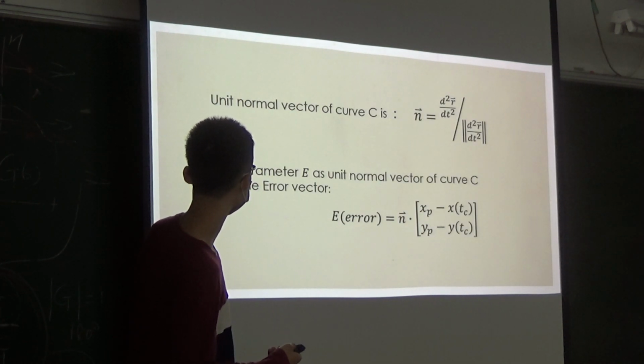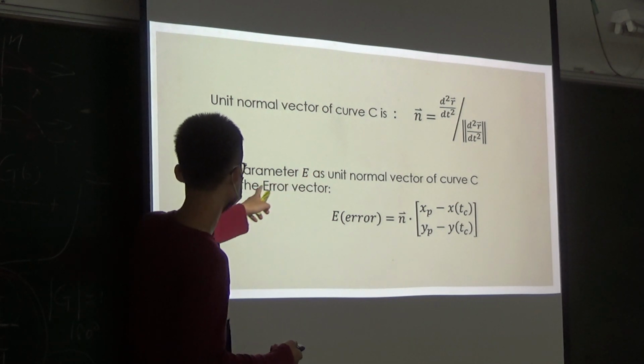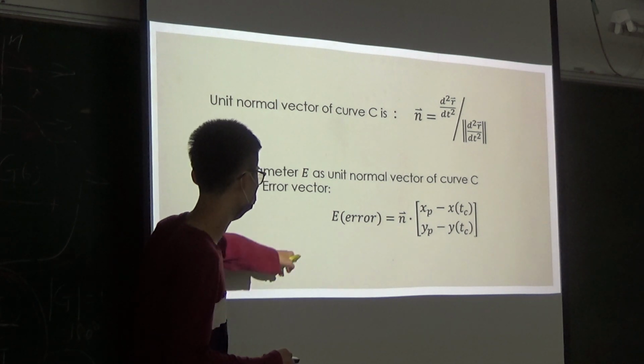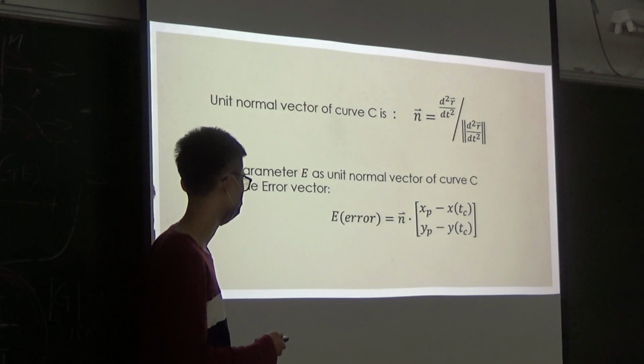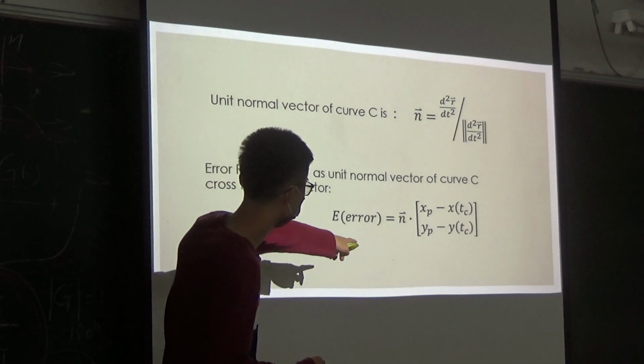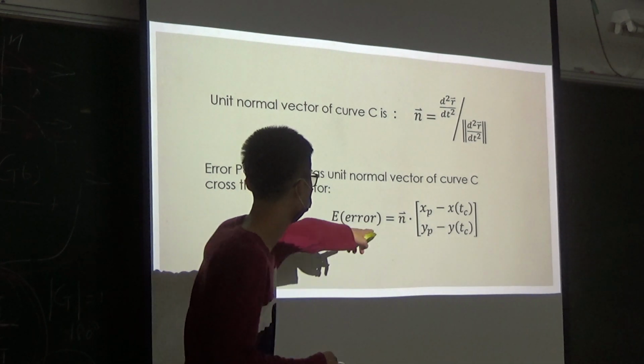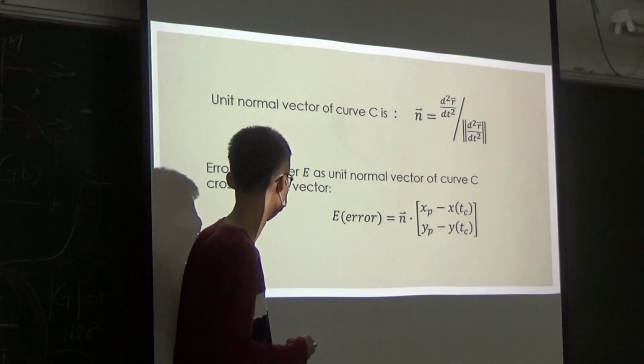And we need the unit vector of the curve C. And in the end, we can get the error vector equals n plus this plus this.